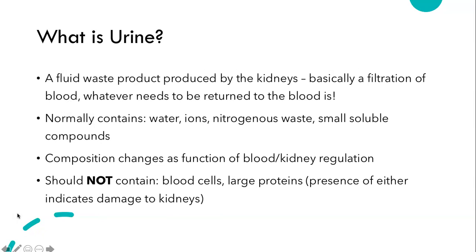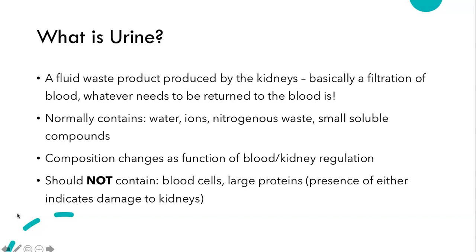I'm pretty sure we're all familiar with it, but what is it scientifically? It's a fluid waste product that's produced by your kidneys, and it's basically a filtration of the blood. Whatever needs to be returned to the blood gets returned to the blood, and whatever needs to be eliminated from the body stays in the urine. What it normally contains is water, some ions, of course, nitrogenous waste, and small soluble compounds.